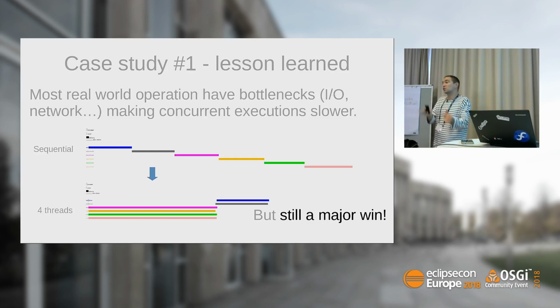But still, 3 times more for 4 projects makes an overall shorter time. But it's important to remember that building things in parallel usually makes them all a bit slower in real life. But it's still a major win, 33% of resources. Imagine you're paying a cloud and your bill drops by 33%, your employer will be happy.